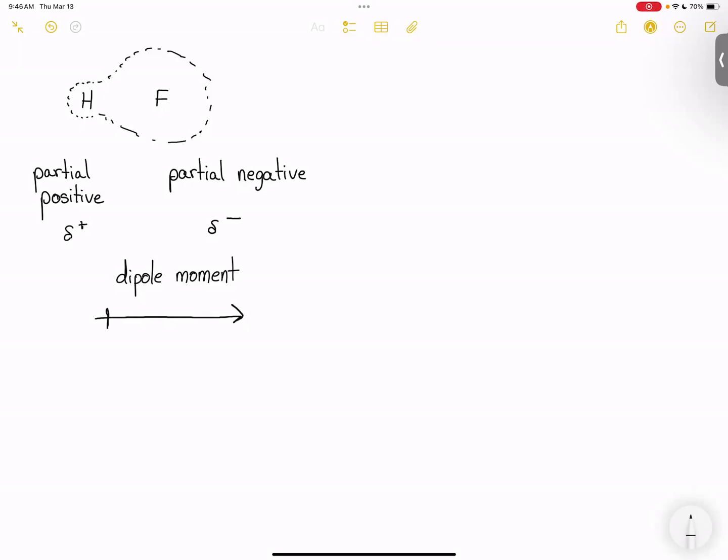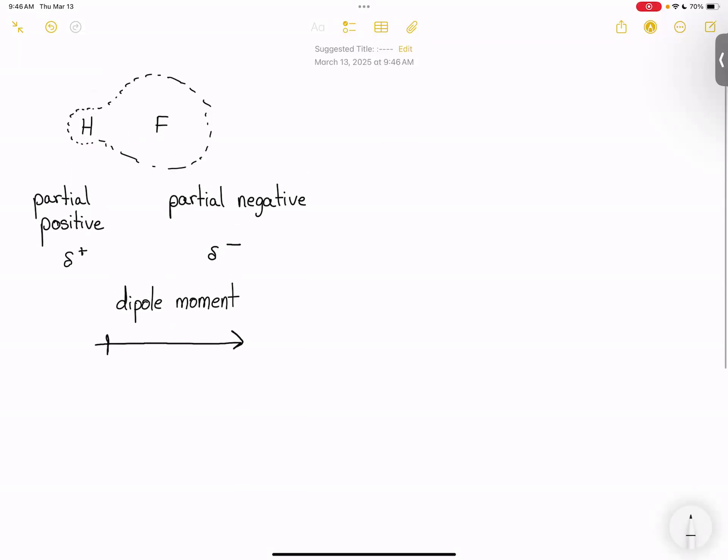The positive end gets a positive sign, and the head of the arrow points towards the negative. So to represent this molecule, we can draw a dipole moment arrow in the direction of the fluorine.